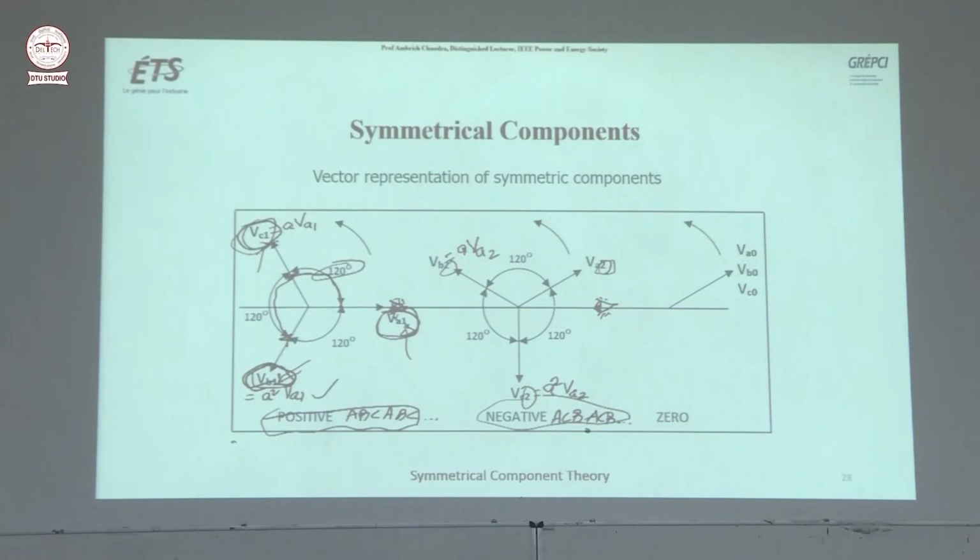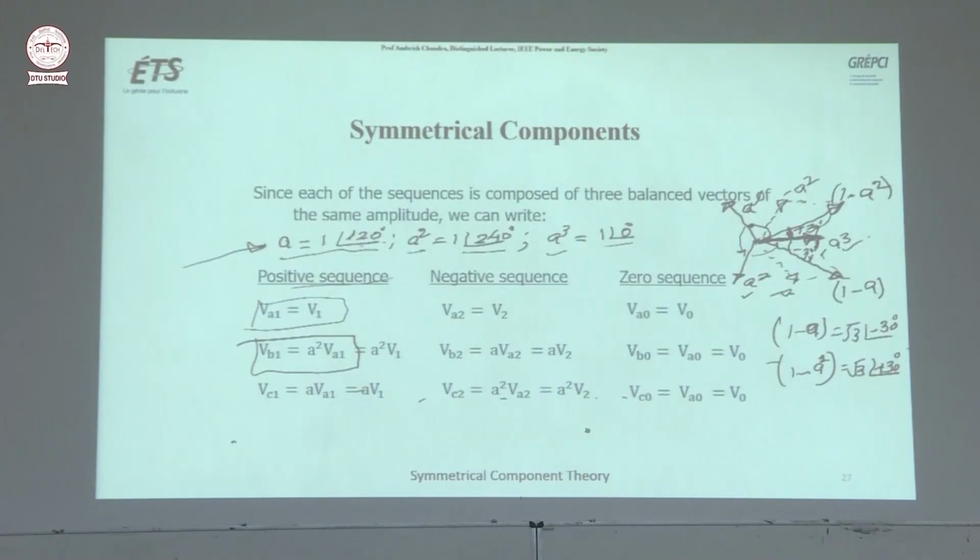Similarly VC1: if you see the relation between VA1 and VC1, in VA1 you have to multiply only one A, which will give a 120 degree rotation. So that's how it has come like this. VA1, if we say V1, VB1 is A square VA1, VC1 is A VA1. To simplify you can write this.